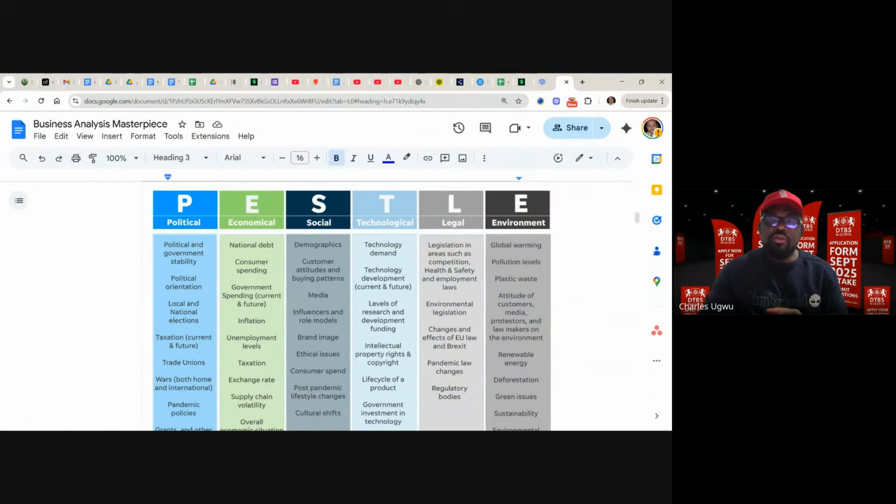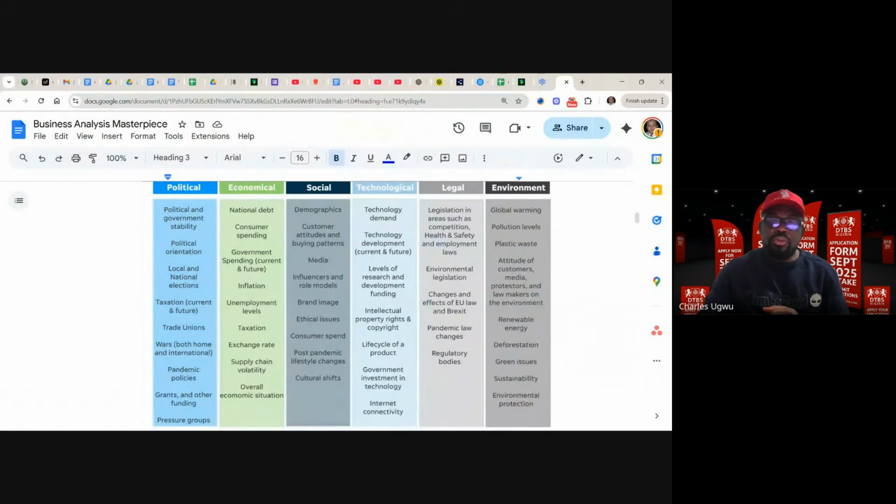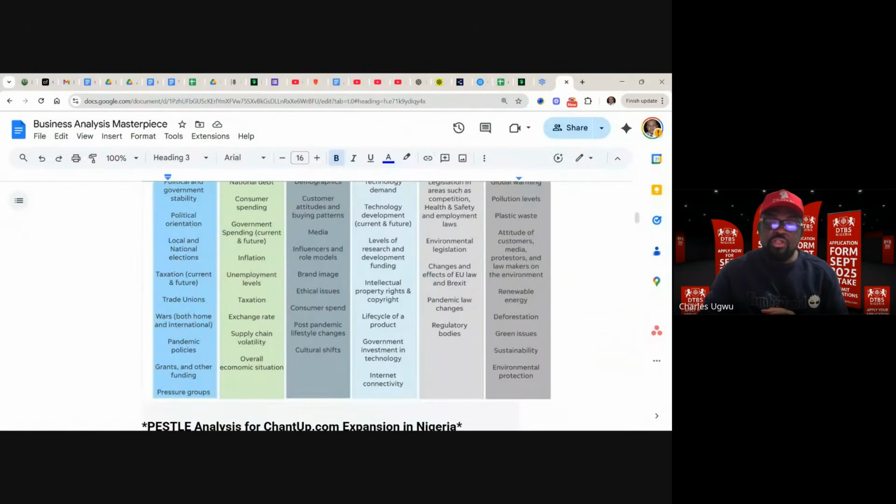We have the global environment, global warming, pollution, plastic waste, attitudes to commerce, attitude of customers and media, protesters and lawmakers of the environment, renewable energy, deforestation, green issues, sustainability, and environmental protection.